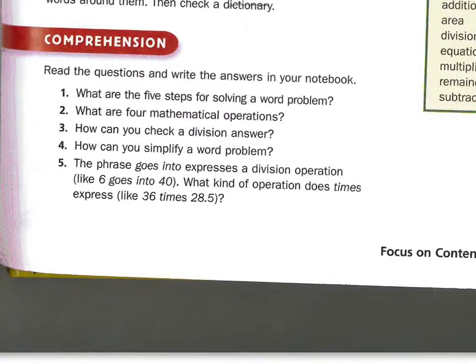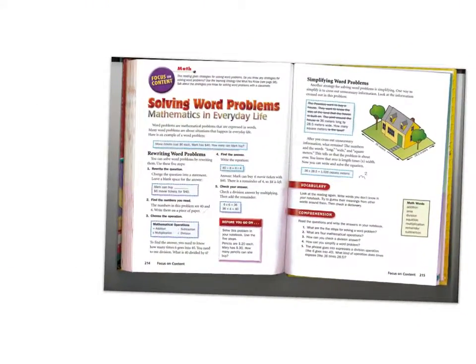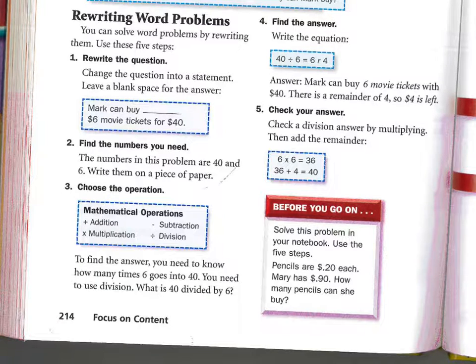What are the 5 steps for solving a word problem? The 5 steps for solving a word problem are: 1. Rewrite the question. 2. Find the numbers you need. 3. Choose the operation. 4. Find the answer. 5.